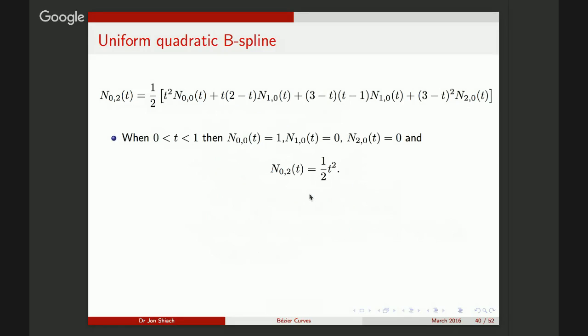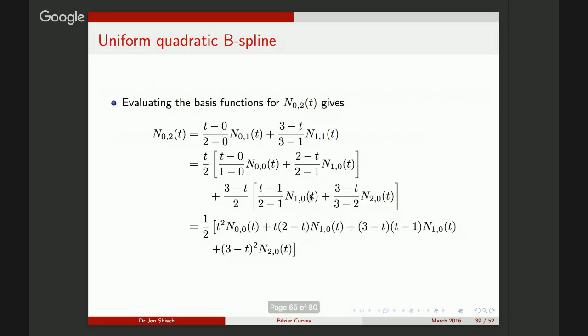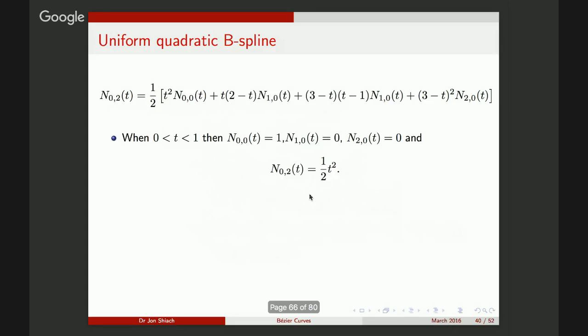So that bottom expression there is what we end up with. So for example, when our parameter t lies between 0 and 1, the first two knot values, N_{0,0} is going to be equal to 1. The others are going to be equal to 0. I'll show you where that comes from.